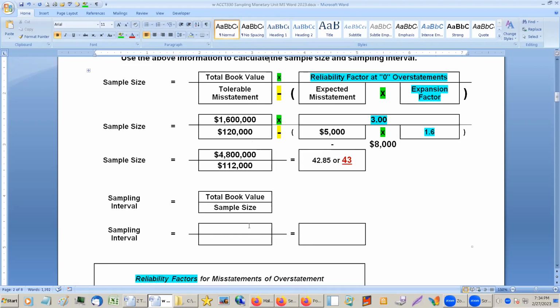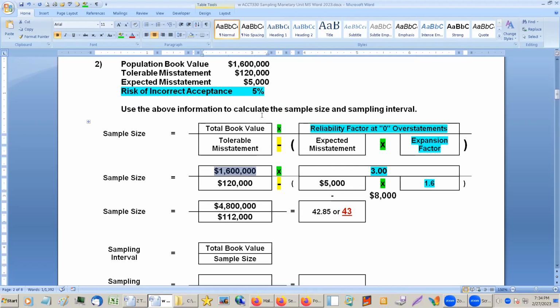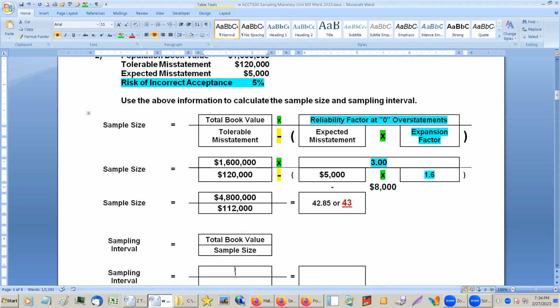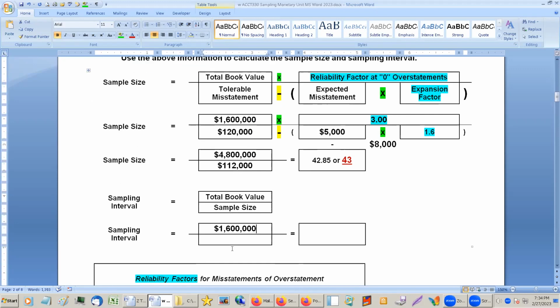But we do define the interval. If we have 1.6 million as our population value, and our sample size is 43, then what's our interval?